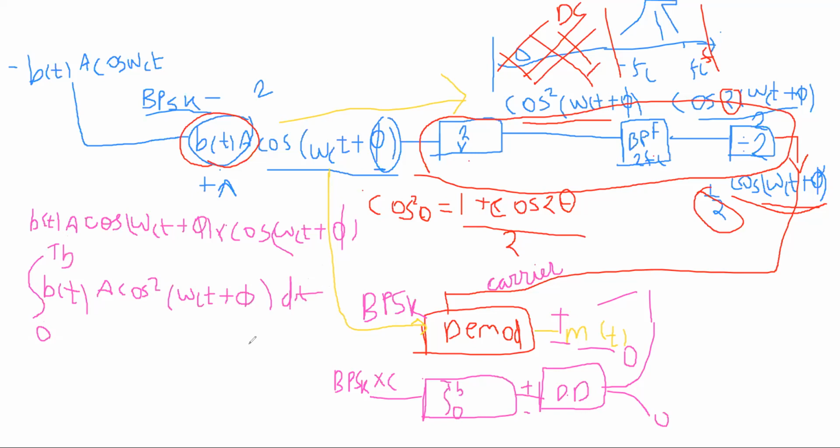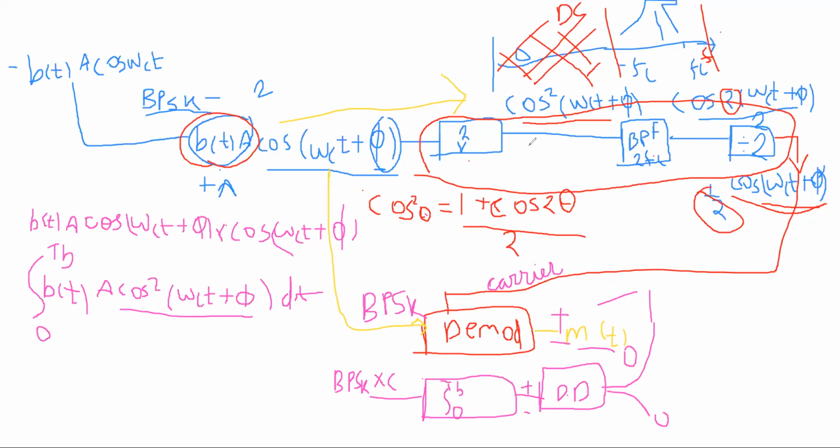So if we integrate this signal, the integration goes like this. This cos square of omega ct, using trigonometry, cos square theta is equal to 1 plus cos 2 theta upon 2. So it is written as 1 half into 1 plus cos of twice omega ct plus phi.